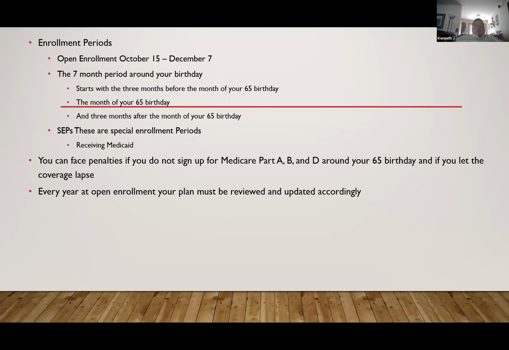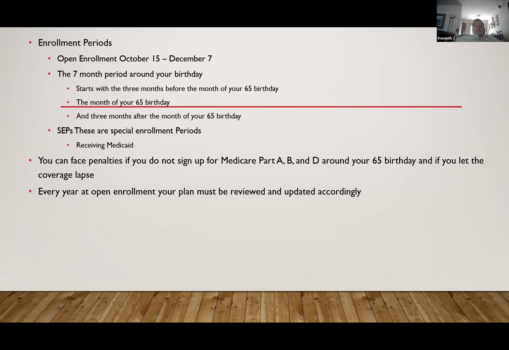So, open enrollment every year is from October 15th to December 7th. You've also got an enrollment period starting the third month before your birthday.